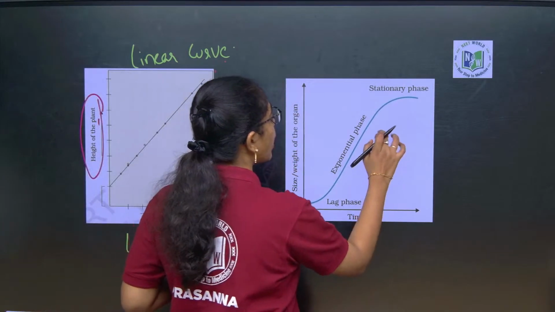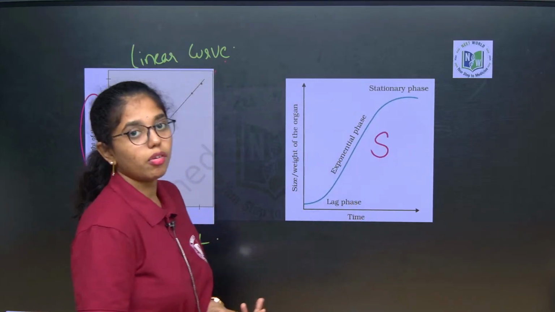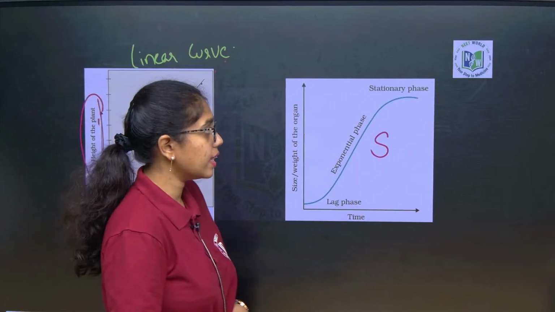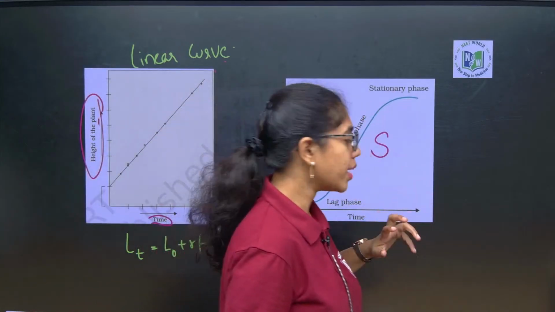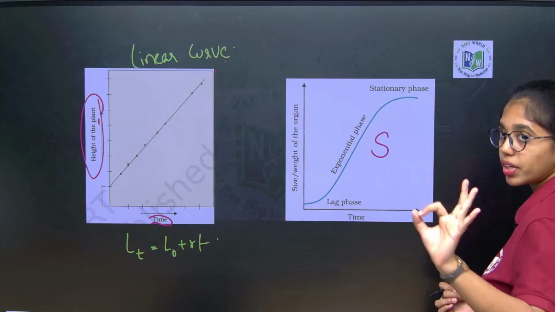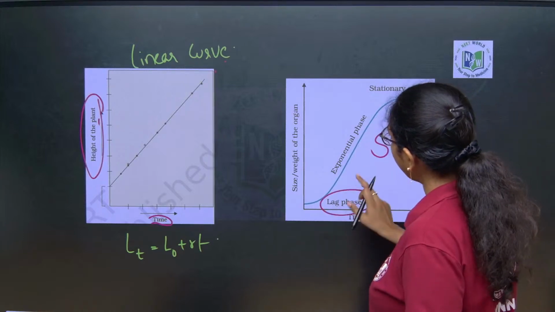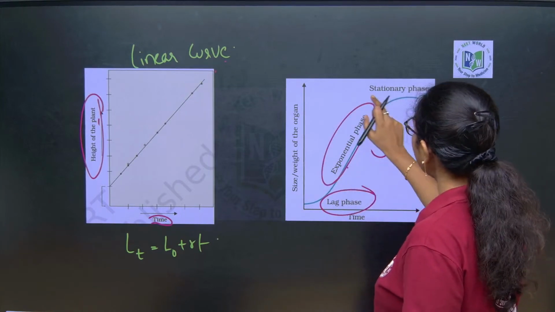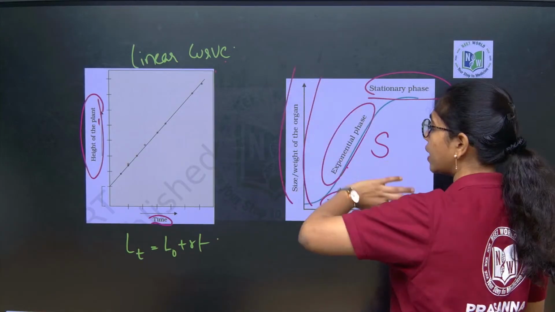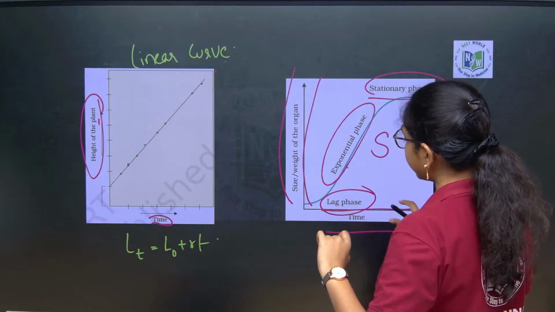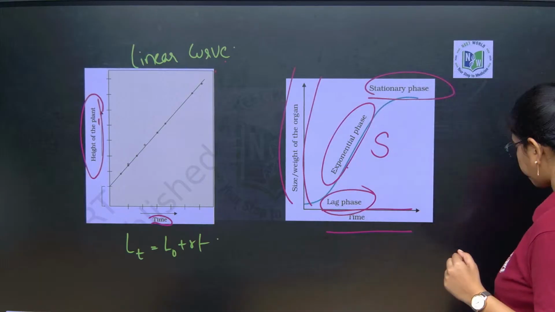Whereas the sigmoid growth curve, the S-shaped curve, is the exponential growth that you will see in the geometric growth phase, where you can observe three phases: lag phase, log or exponential phase and stationary phase. On the y axis you can see the size or weight of the organ, and on the x axis time.